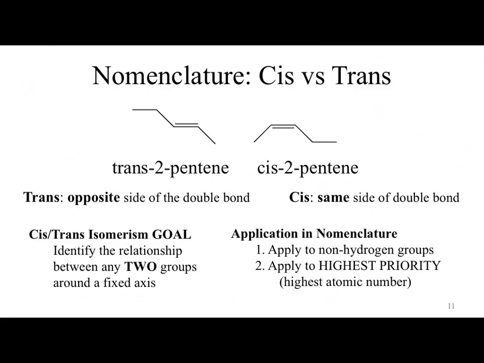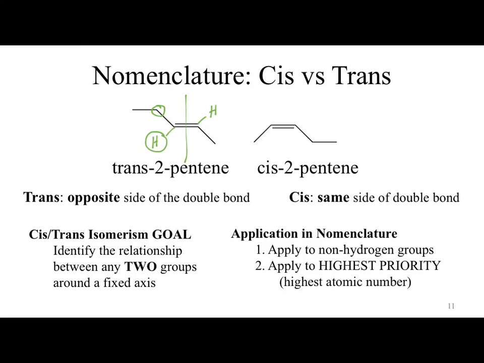Our trans-cis rules are going to apply to non-hydrogen groups, and we're always looking for our highest priority. What do I mean by that? If we look at our trans one, we take a look at each side of our double bond and assign priority to the atoms attached.